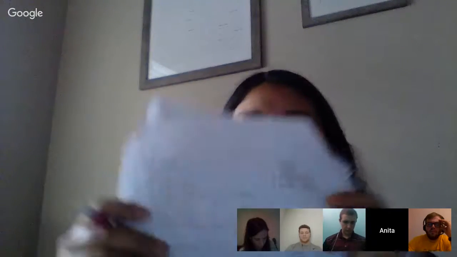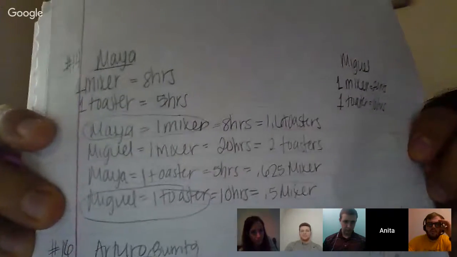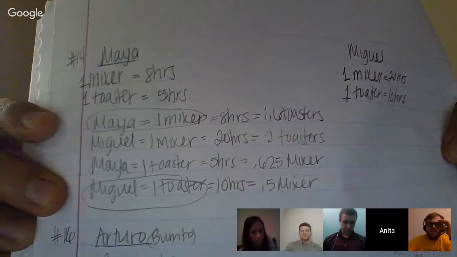Well, what you want to look at is for every toaster that Maya makes. Oh, wait, hold on. I think your argument is good. I'm trying to remember why I put that. Okay, I know you guys can't see this, but can you see it? Because I have this.